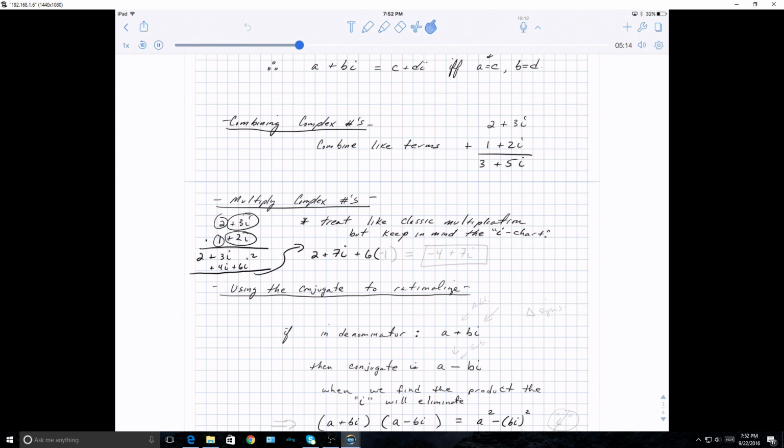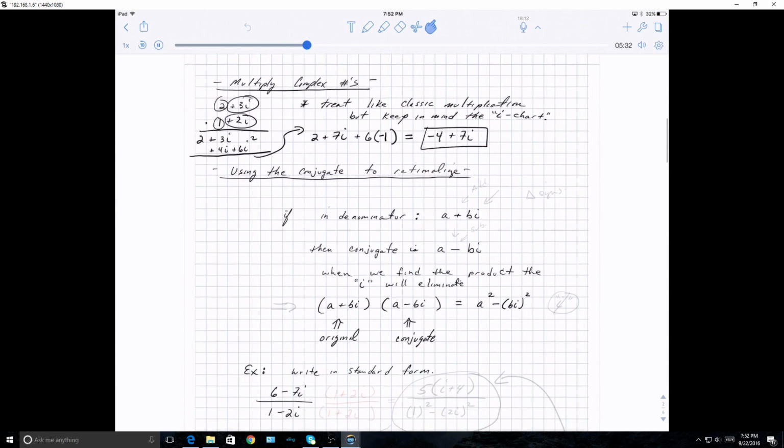And if we remind ourselves what i squared is, being -1, then the standard form for this is going to be -4 plus 7i. Okay.